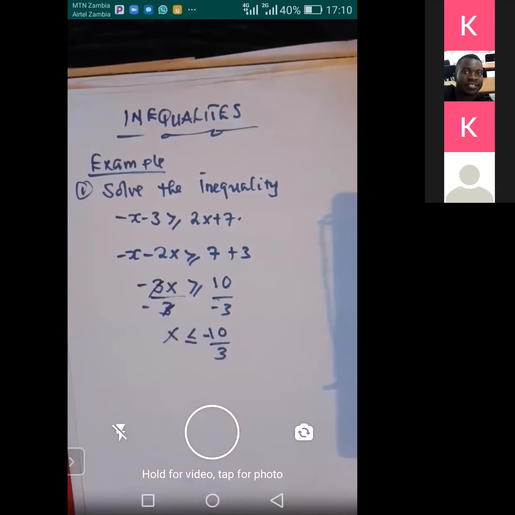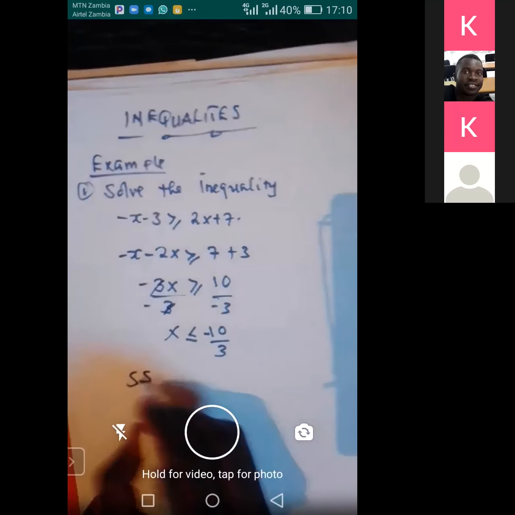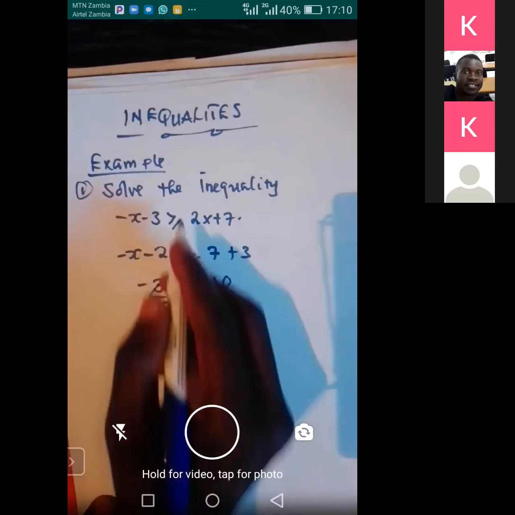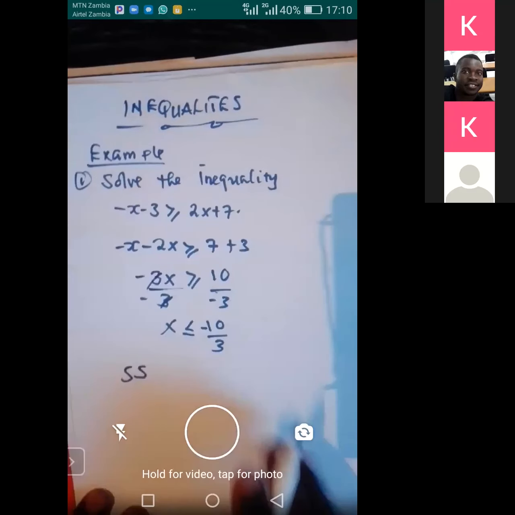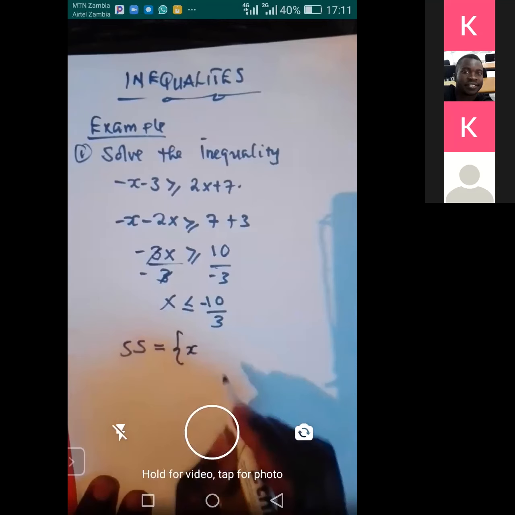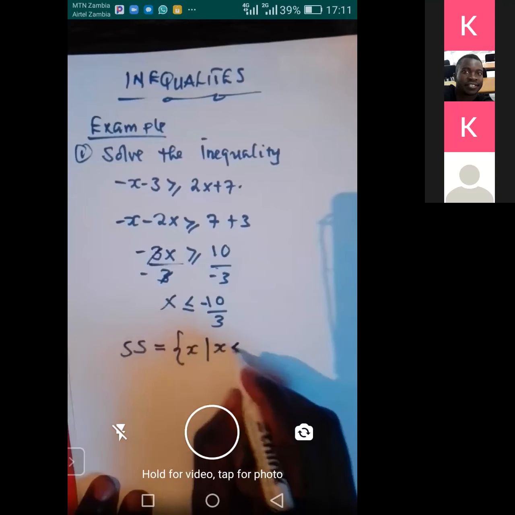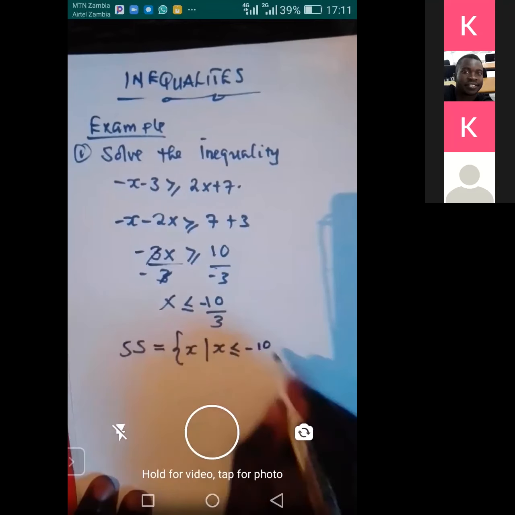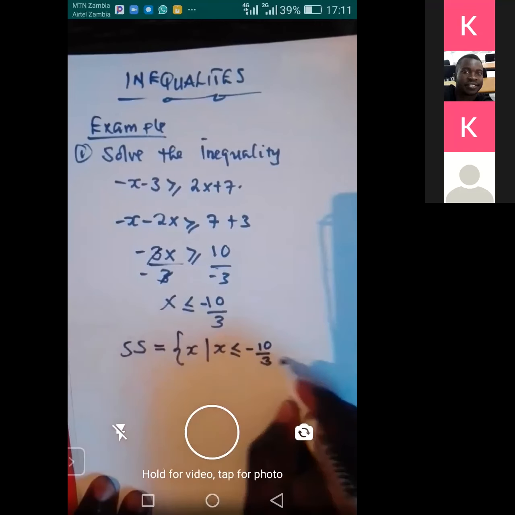So in this case, the solution set to this inequality is equal to the set of x such that x is less or equal to minus 10 over 3, of course, where x is real.